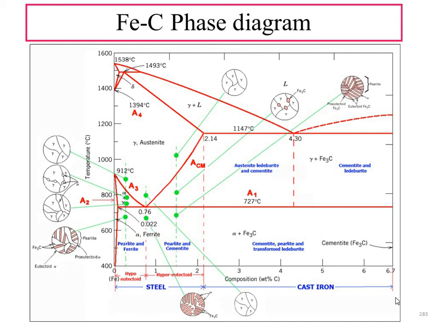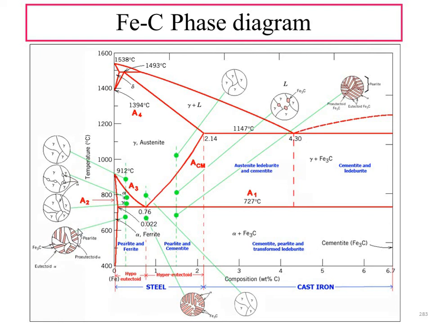One thing you need to understand is that iron plus up to 2.14% of carbon we call steel, and a weight percentage higher than 2.14 we call cast iron. The 4.3 weight percentage of carbon has the lowest melting point.